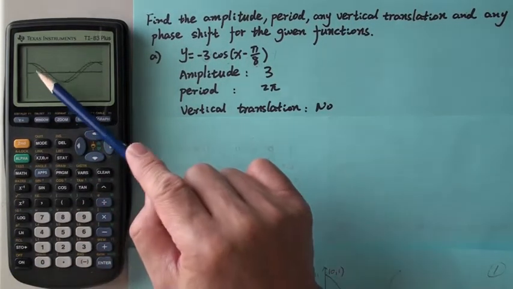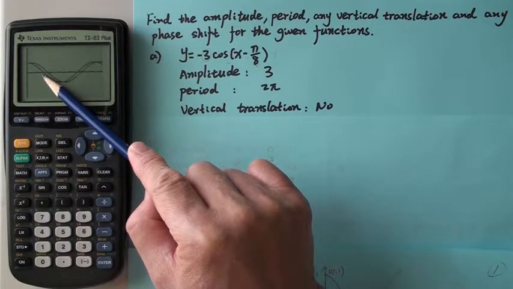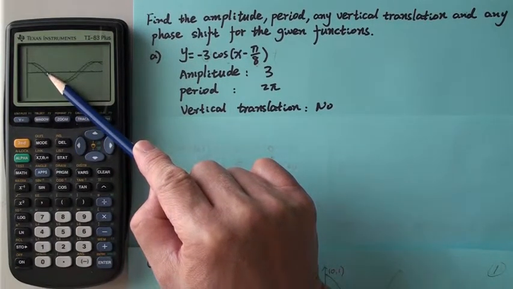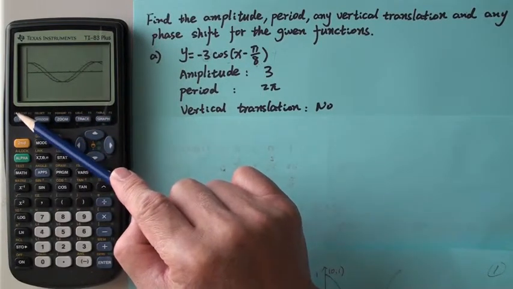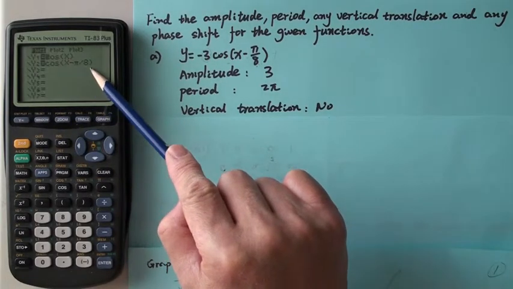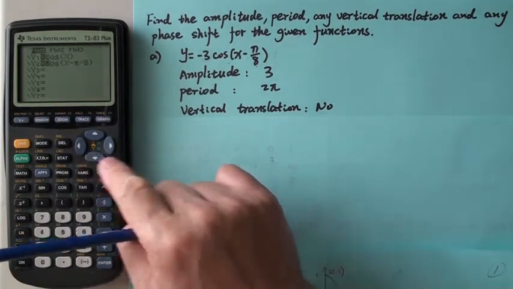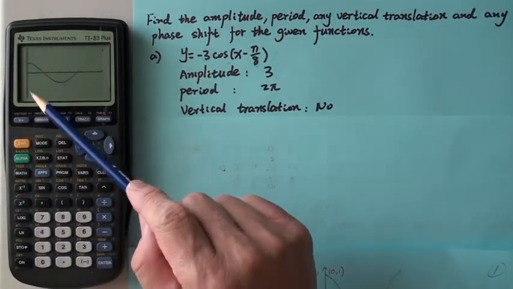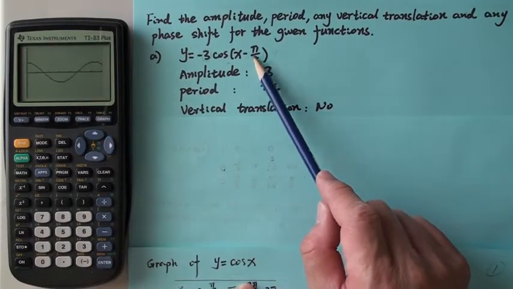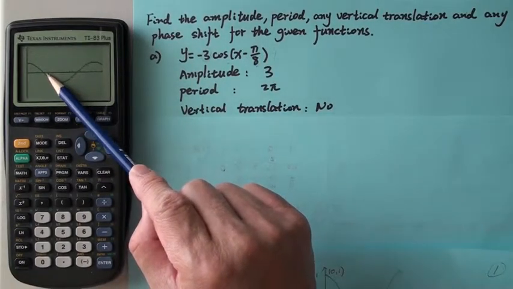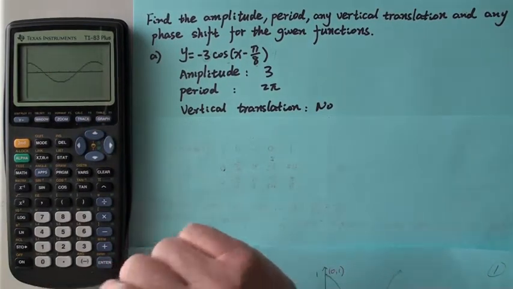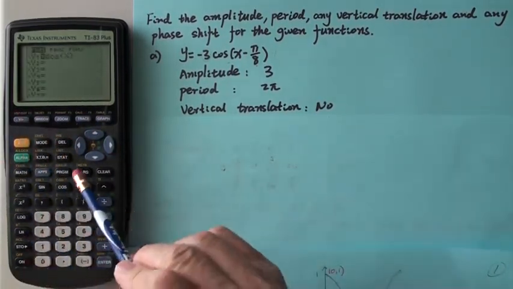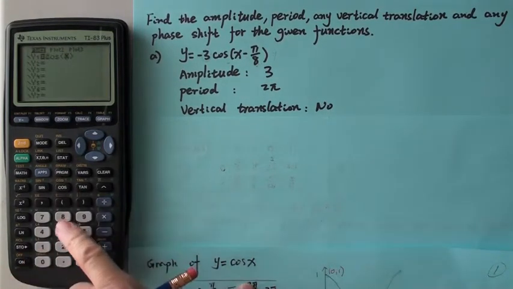You see, this was the intercept for cosine. Now this is a new intercept for cosine of x minus pi over 8. If you clear this picture, there's cosine. Now when you graph cosine of x minus pi over 8, this point will go right a little bit.